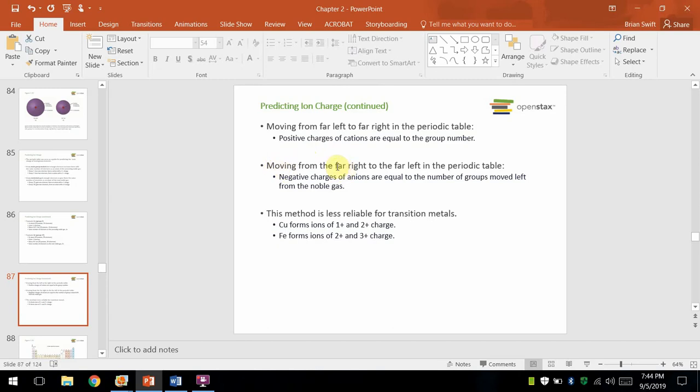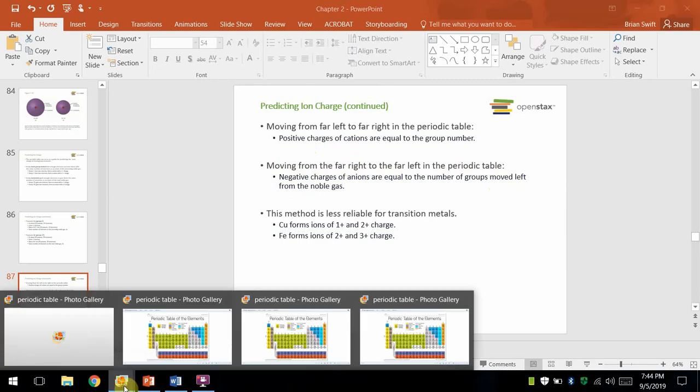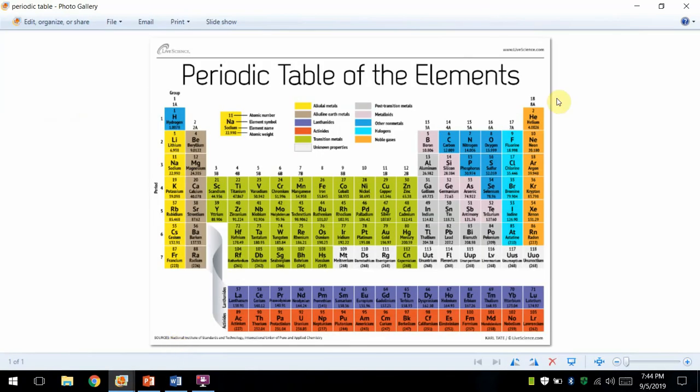Moving from the far right to the far left on the periodic table, negative charges of anions are equal to the number of groups moved left from the noble gas. So let's go to that periodic table here. And so these don't react with anything, but these common ions are going to be -1, -2, -3, and supposedly -4 and -5.